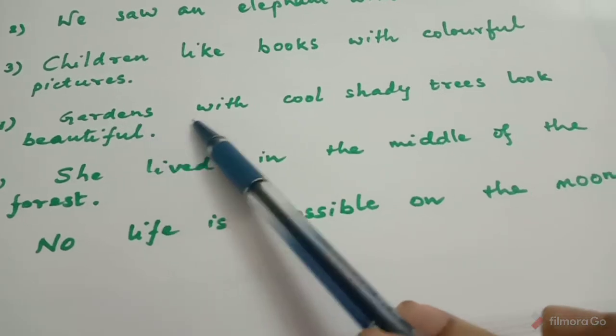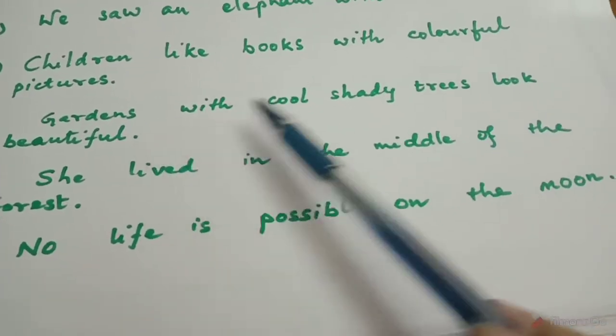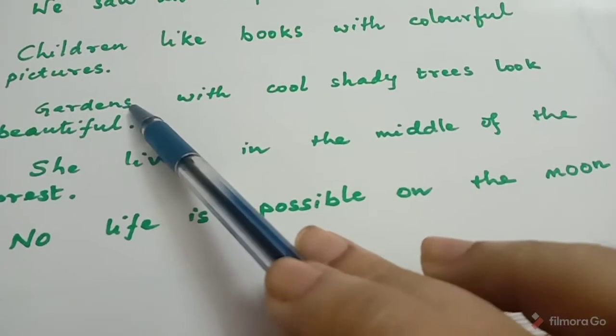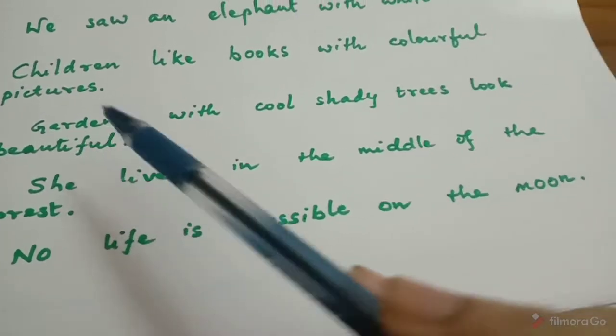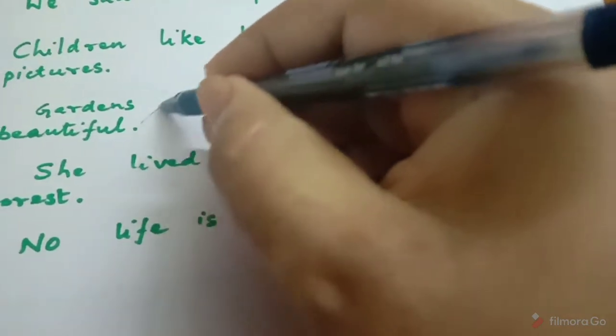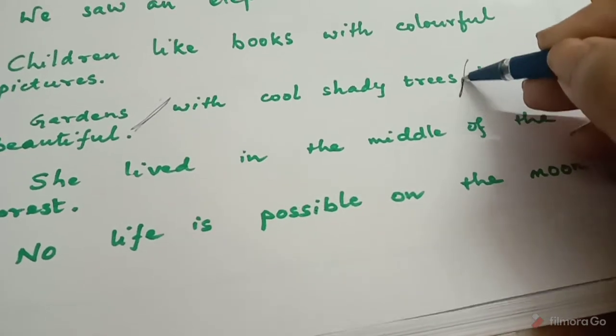Number 4, gardens with cool shady trees look beautiful. So which is my phrase and which is my complete part of the sentence? Now, gardens look beautiful, isn't it? That is a complete part of the sentence. So we can just differentiate it. Gardens with cool shady trees look beautiful.